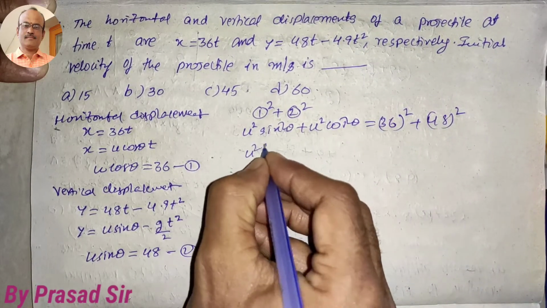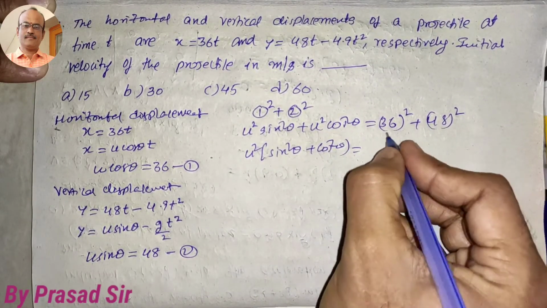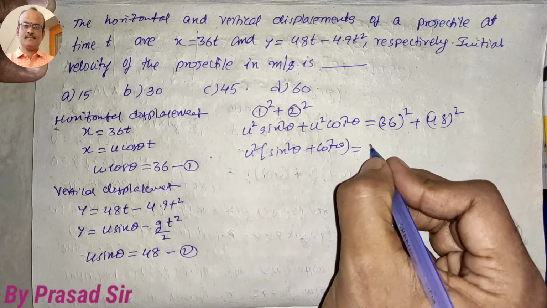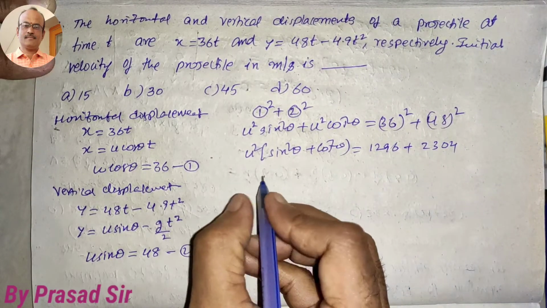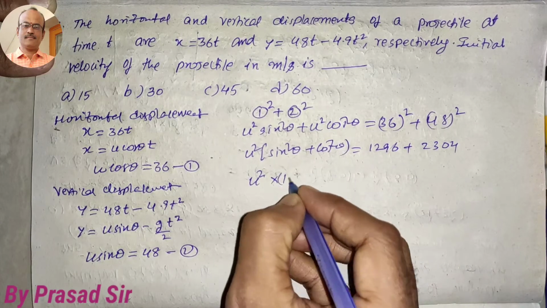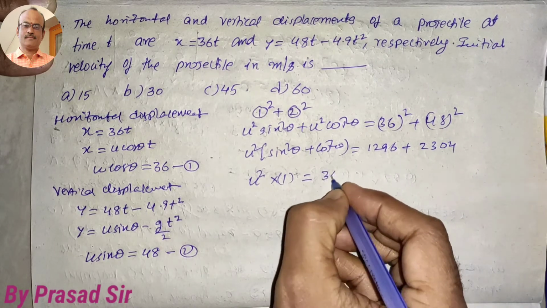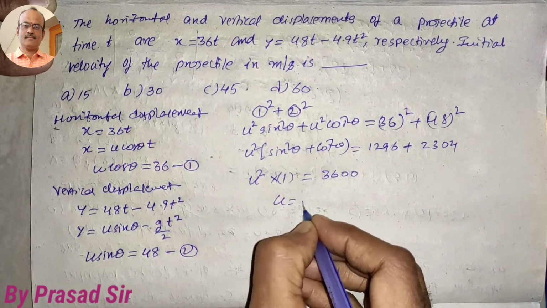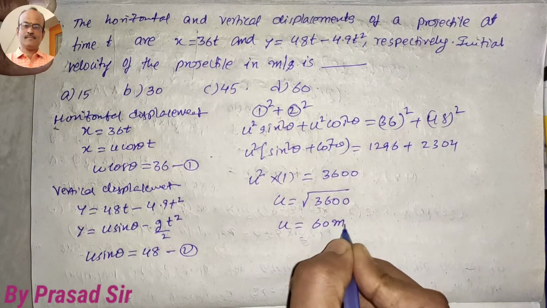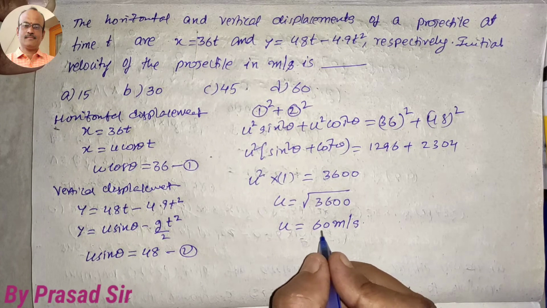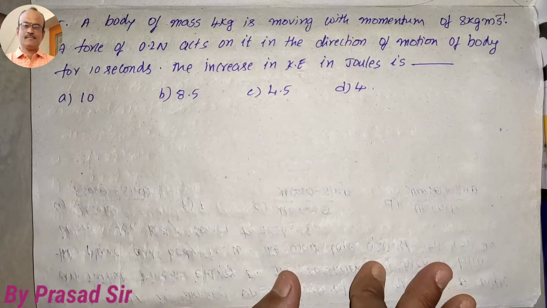So here u square common, sin square theta plus cos square theta, is equal to 36 whole square, which is nothing but 1296, and 48 whole square is nothing but 2304. Here u square into 1, since sin square theta plus cos square theta is 1. On addition of these two, we are getting 3600, so initial velocity u is equal to root of 3600, which is 60 meters per second. Which option is correct here? Option D is correct.